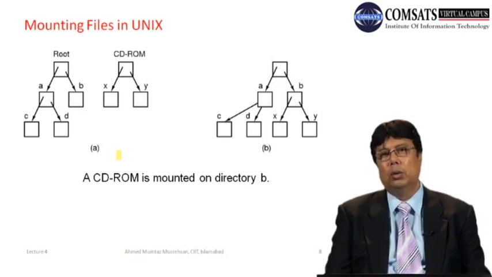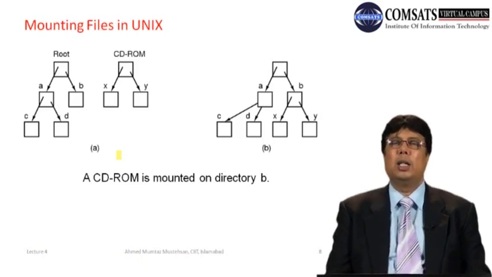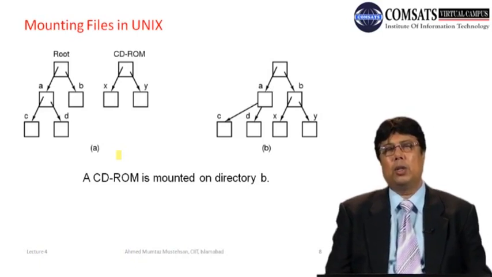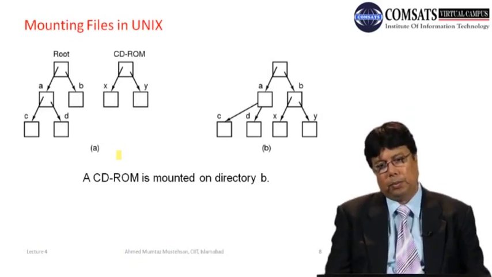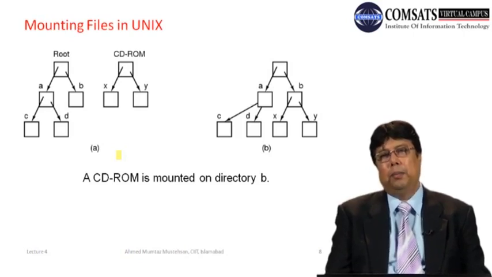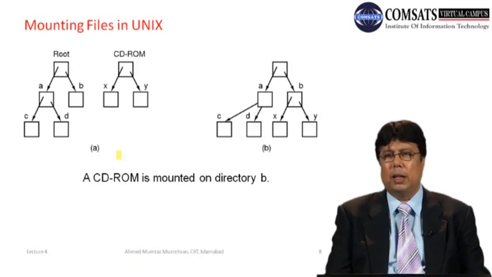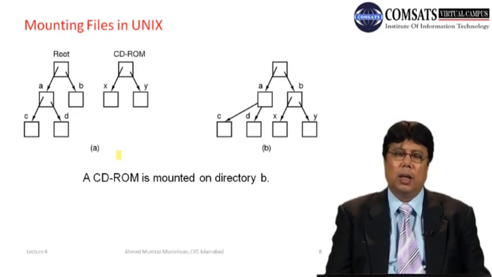For example, C colon, D colon, E colon, F colon, and then you know that C, D, E are the partitions of the hard disk, and F colon could be your CD-ROM. And then by selecting this alphabet, you can select the device. And then you can use the path, and from that path you can access anything.